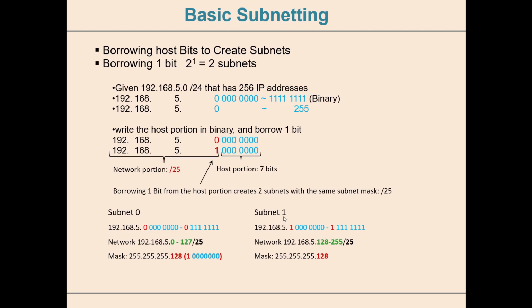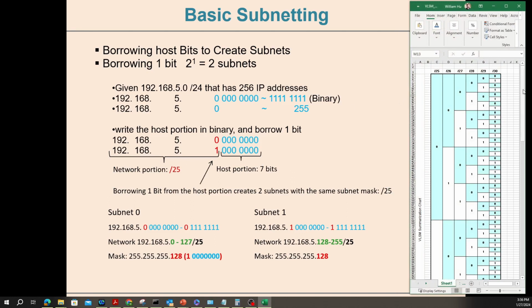So subnet 1 provides the IP range from 5.128 up to 5.255, with the same subnet mask. This can be viewed using this binary chart. We borrowed the bit from the last octet, that's /25. So this is the binary bit we borrowed. When this borrowed bit takes the value 0, that gives us the first half of the IP range.